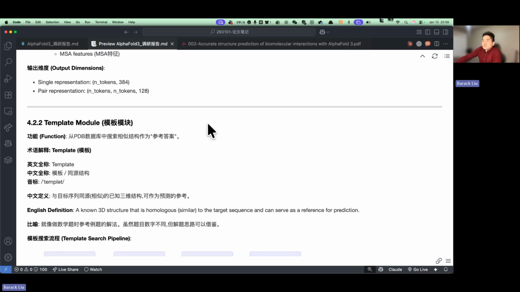Template module. A known 3D structure that is homologous to the target sequence and can serve as a reference for prediction.